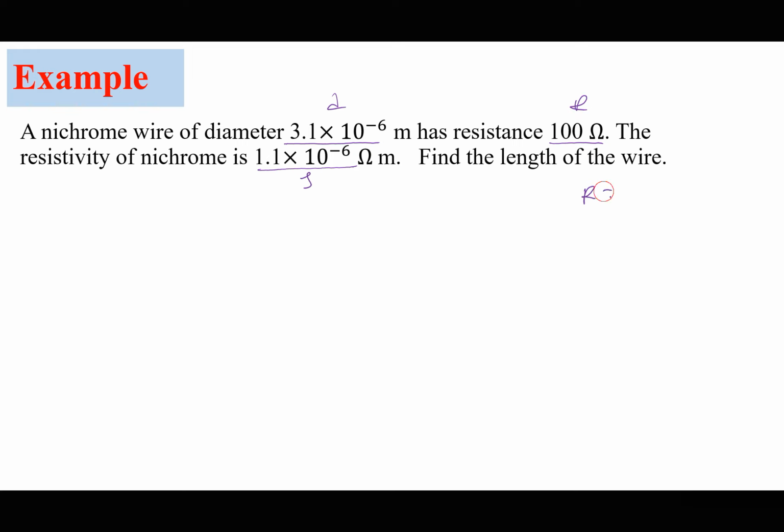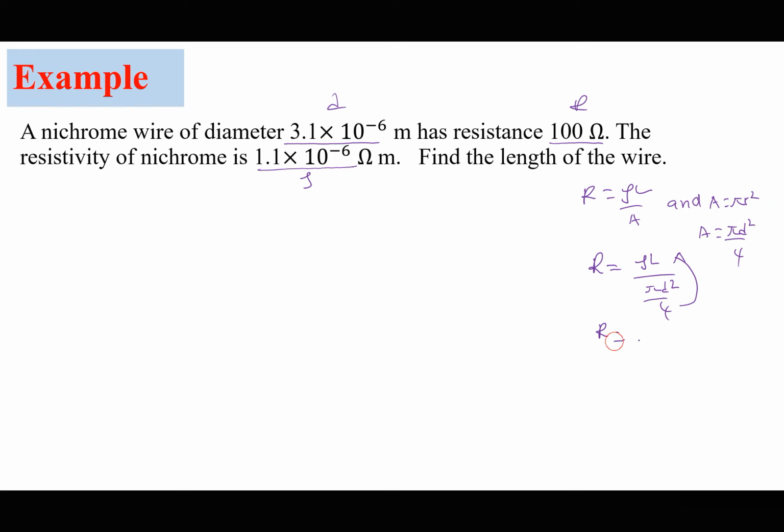Remember, we said resistance is equal to rho L over cross-sectional area. And we also know that cross-sectional area is equal to pi r squared, which is the same as pi d squared divided by 4. So it means we shall have resistance as being equal to rho L divided by pi d squared over 4, and the 4 will go up.